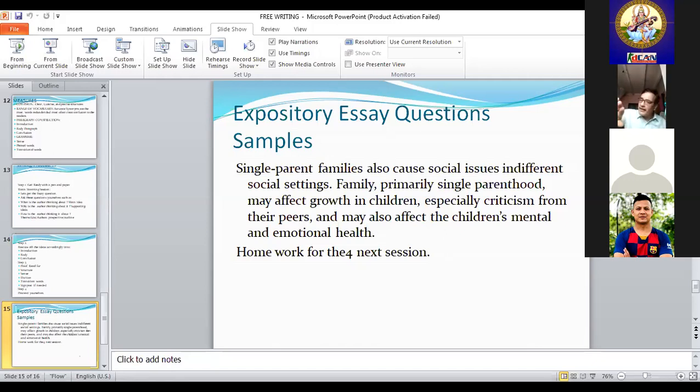Now, these are the effects of that. Family, primarily single parenthood, may affect growth in children, especially criticism from their peers, and may also affect the children's mental and emotional health. So, these are the impacts of single parent families.